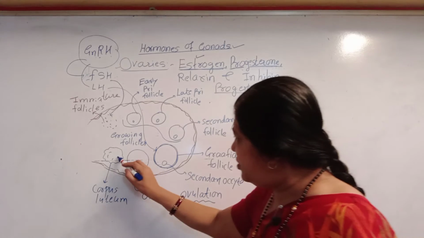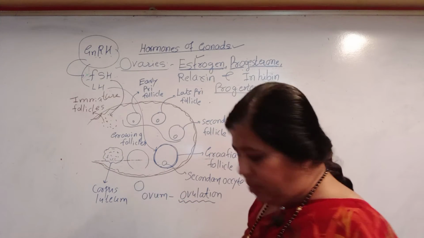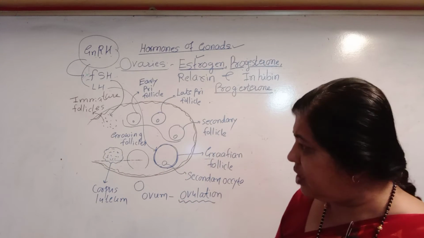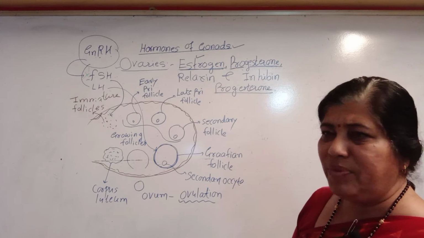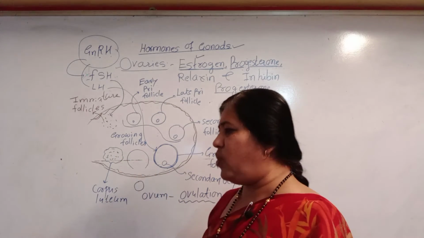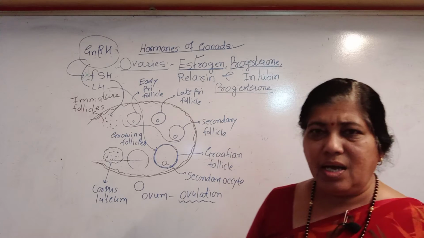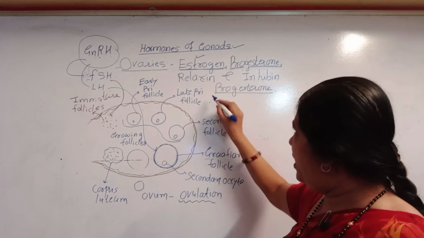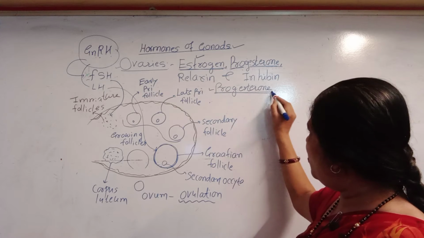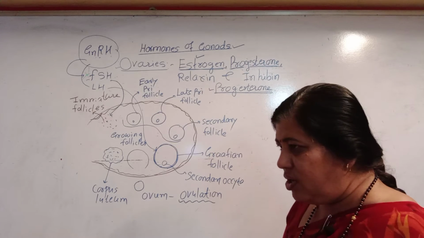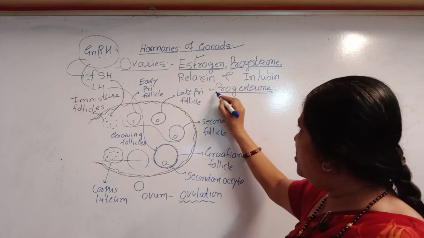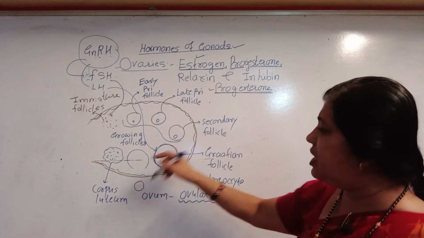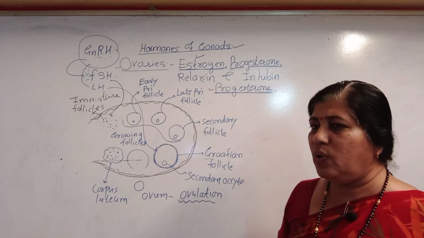So this corpus luteum is the endocrine structure formed from the empty Graafian follicle, and this corpus luteum secretes another hormone, that is progesterone. So progesterone is the hormone secreted by corpus luteum.